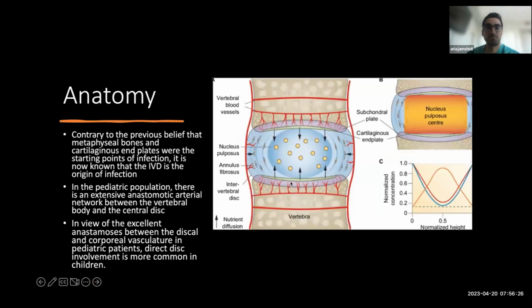So now I just want to go over briefly the anatomy that's applicable to spondylodiscitis and epidural abscess. First, it's important to realize that, contrary to previous belief, rather than the metaphyseal bones and the cartilaginous end plates being the starting points of infection, it is actually the intervertebral disc that's the origin of infection, especially in the pediatric population, where there are extensive anastomotic arterial networks between the vertebral body and the central disc, seen in this figure here.